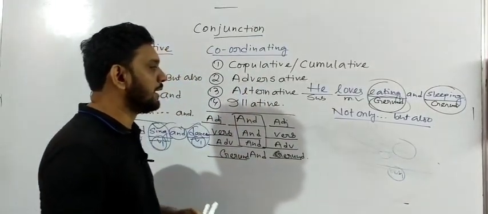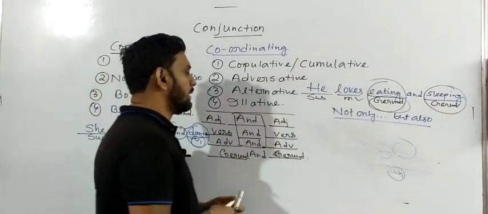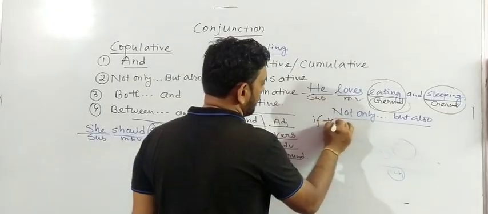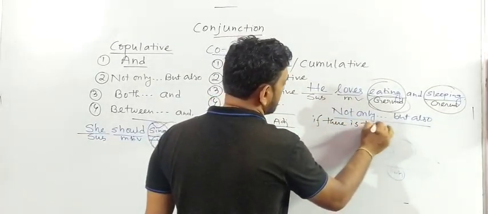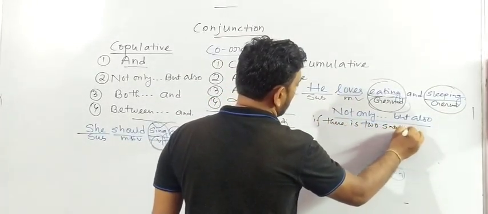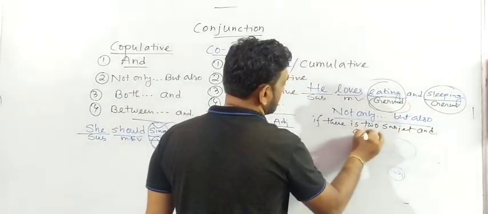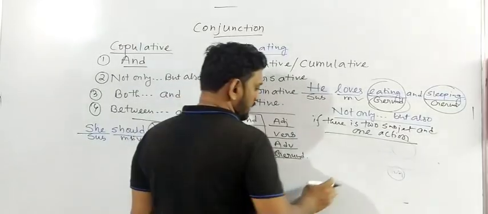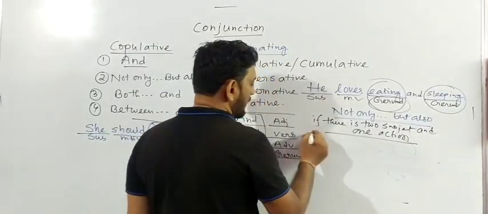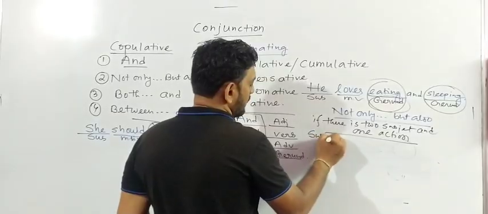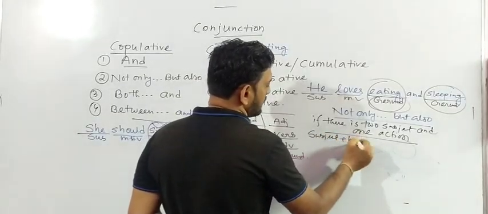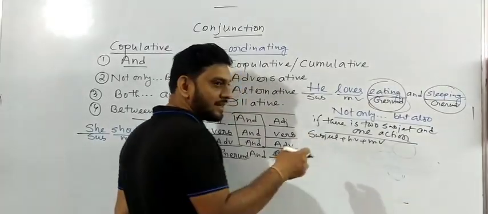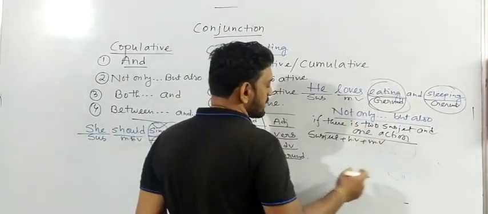Now let me tell you how it can function in a sentence. If there are two subjects and one action, we have to write a structure: subject plus helping verb, or you can write simply the verb, but I am separating it for your understanding.